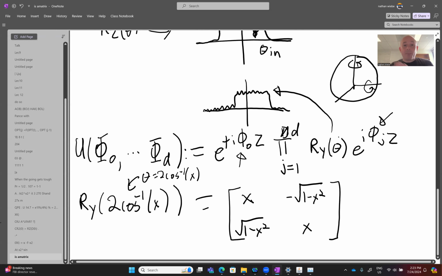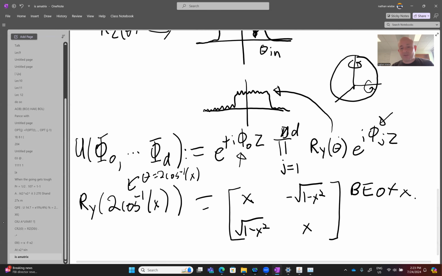Well, this looks like a block encoding. This is a block encoding of x, okay? So that's a scalar block encoding, and we'll go beyond this later.